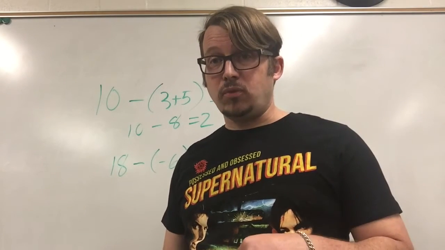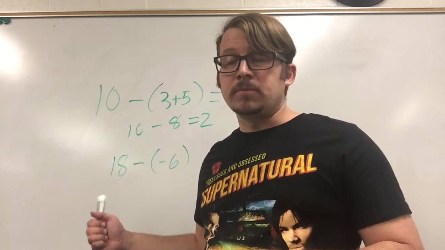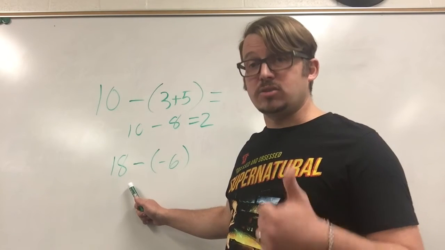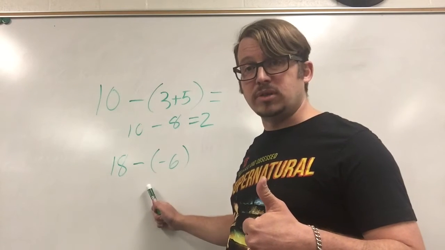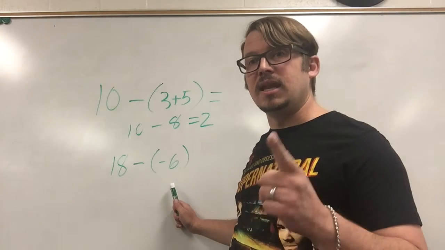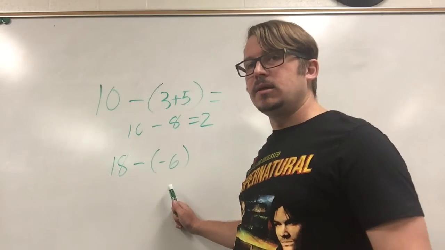You want your surgeon focused on you. We want our math focused. So we have to do 1 operation at a time, and that's cool because this doesn't show 2 operations. This shows 18 minus (-6). The negative goes with the 6.